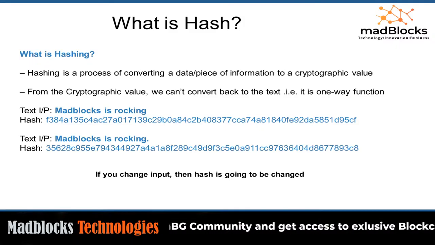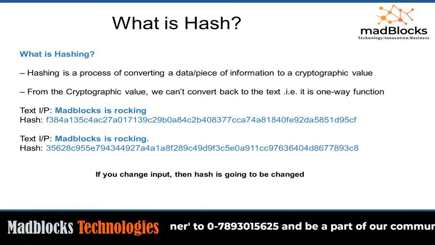According to me I transacted 5 bitcoins, but my friend says he received only 3. Then the data is tampered, right? If the data is tampered, there is a change in the hash and a new hash is generated. So if you change any data in the transaction, the hash immediately changes.